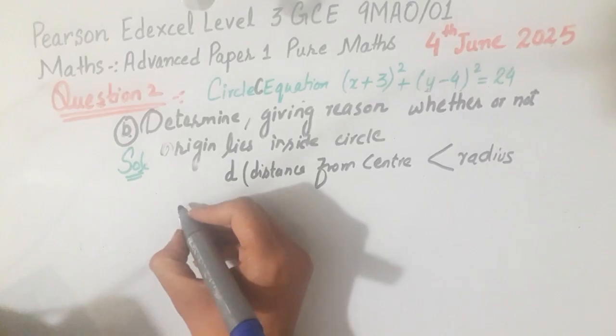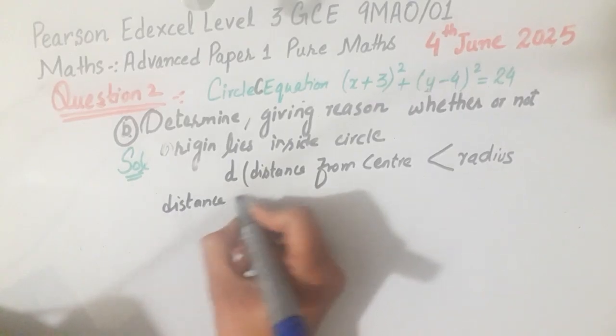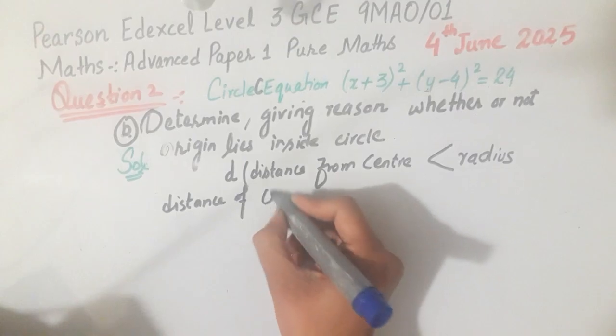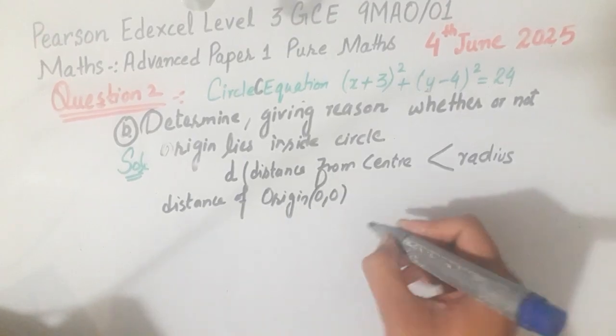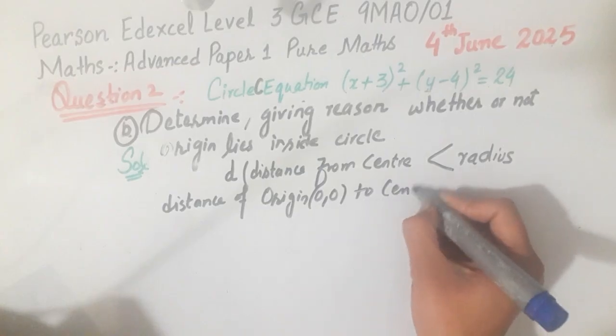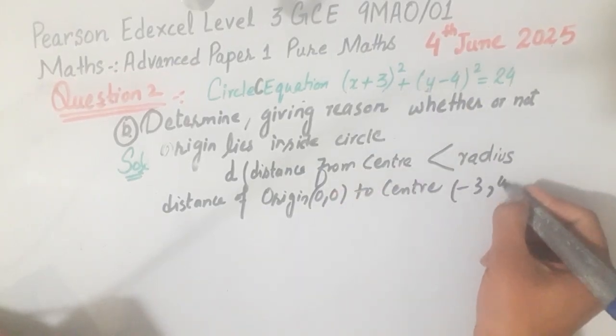So we will find the distance of the origin, that is 0, 0, to the center, which we calculated from the equation as minus 3 and 4.